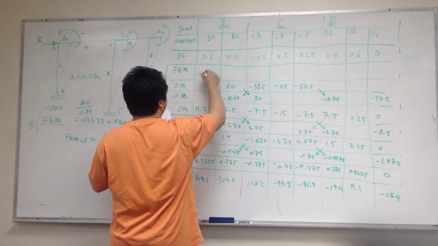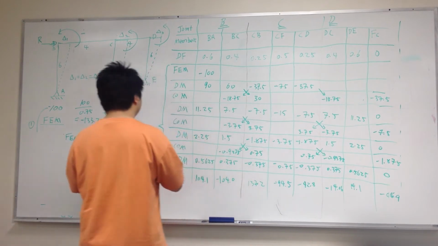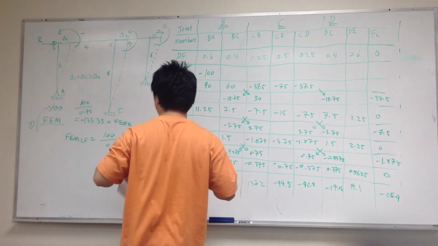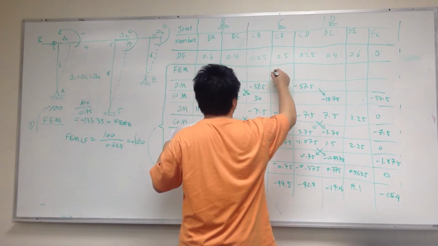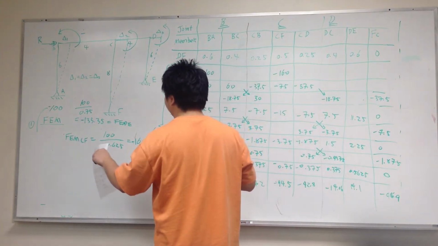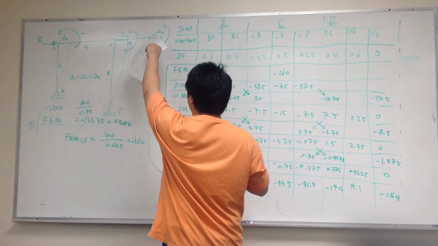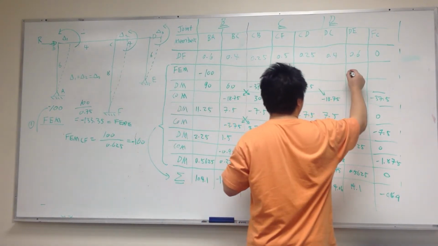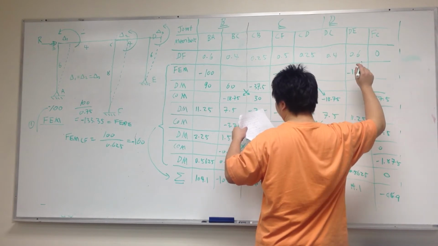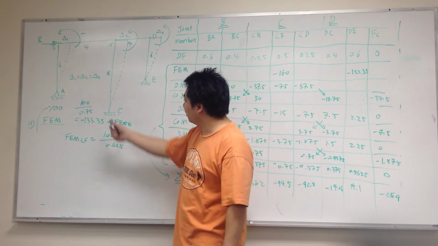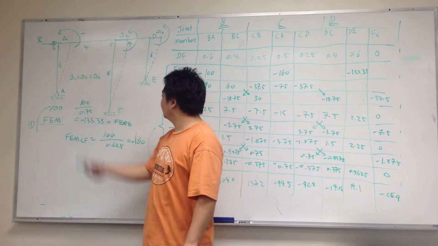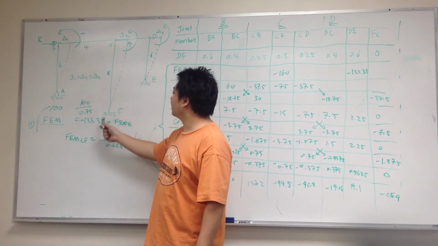So for BA, you're going to have negative 100, because we set this as 100. And for CF, you're going to have negative 160, and for DE, you're going to have negative 133.33. And like I said before, fixed end moment, fixed and fixed, so CF is equal to FC.